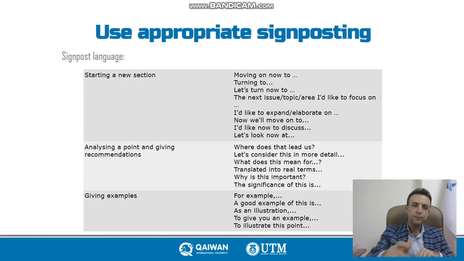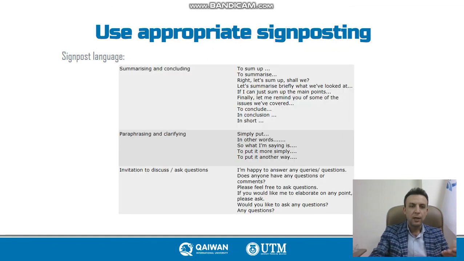Well, we have starting a new section, analyzing a point and giving recommendations, giving examples, and finally summarizing and concluding, paraphrasing and clarifying, and invitation to discuss or ask questions, which is at the end of your lecture, when you invite the audience to ask you questions to see if there's anything they may need, for example, more explanations or clarifications. So that's all about the materials for this week.